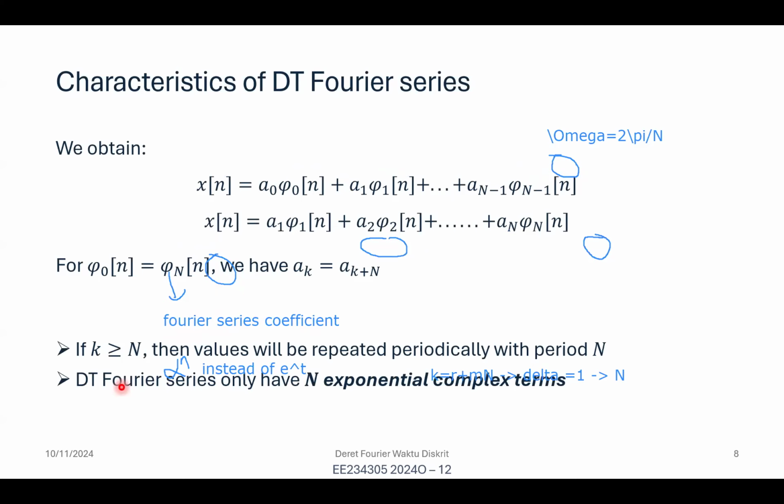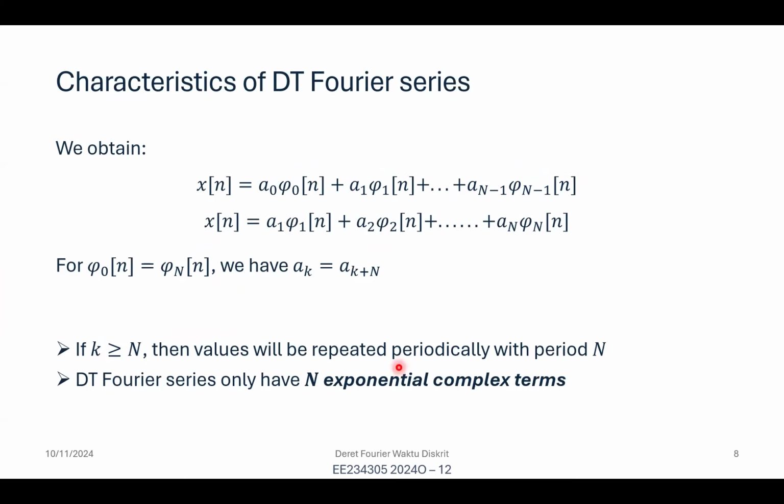Now, we obtain all of this. So we obtain that x[n] now is the summation of the complex exponential values from a_0 until a_(N-1). And also we can have some shift. The order here does not really matter.